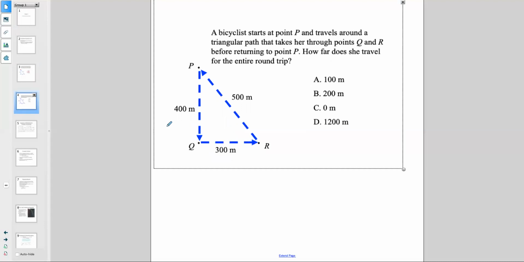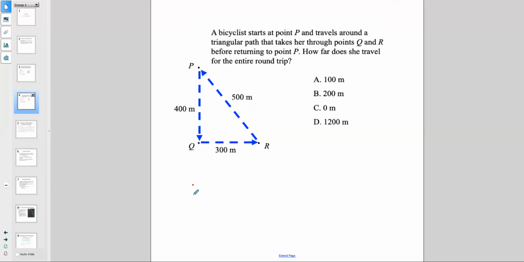Another question that we have is, if she starts from point P, travels around, going to point Q, and then point R, and then returning back to point P, how far does she travel for the entire round trip? Basically, we have to add everything up, right?